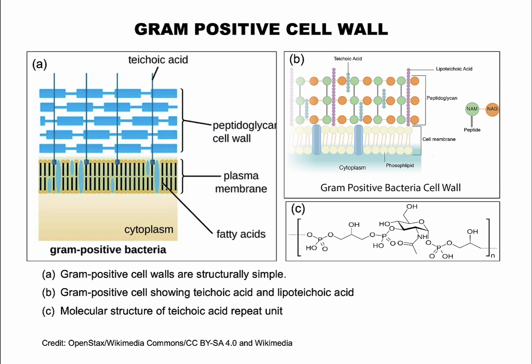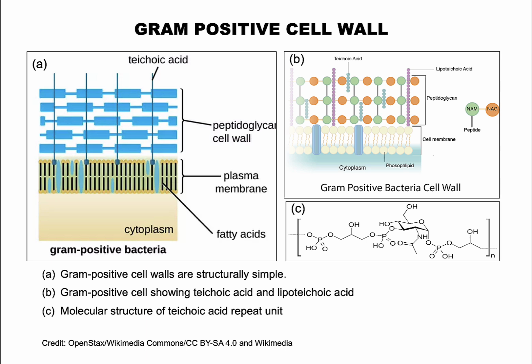Teichoic acid is thought to serve several vital functions for the cell, including the establishment of a net negative charge, which is crucial for creating a proton motive force. It also adds to the overall strength of the cell wall, which is essential for preserving the cell's shape, especially in rod-shaped bacteria.